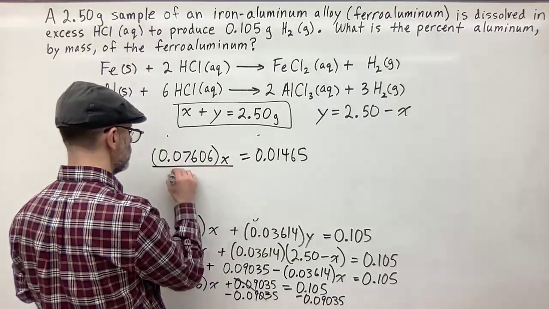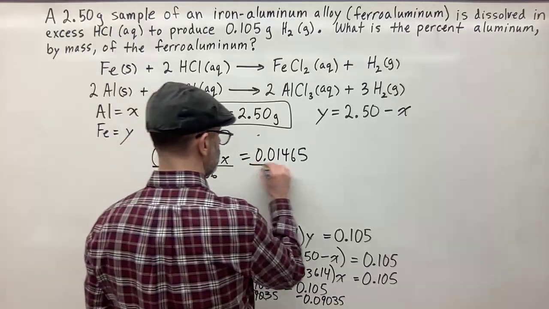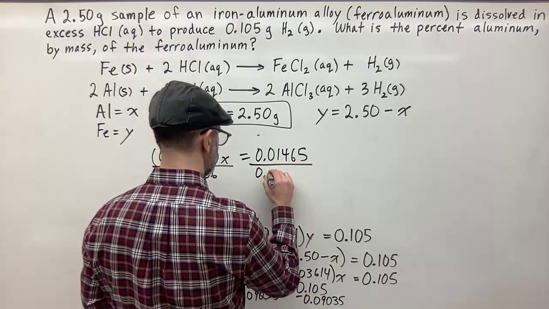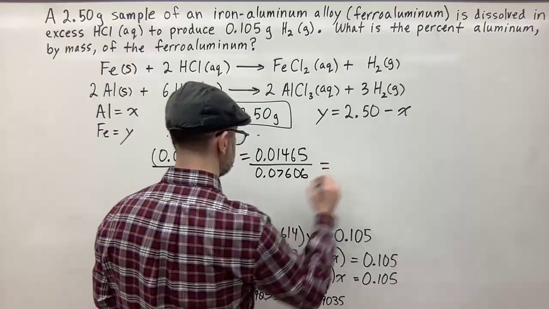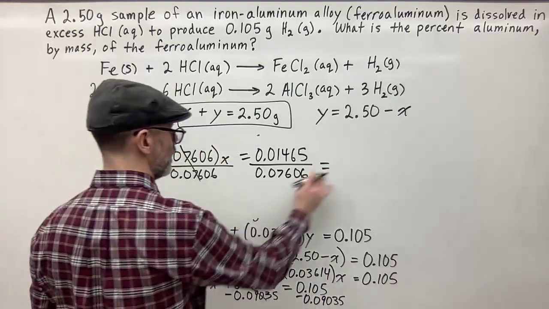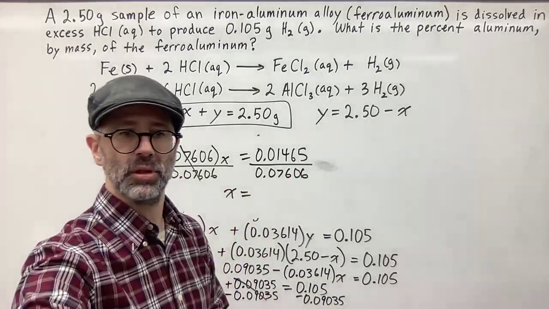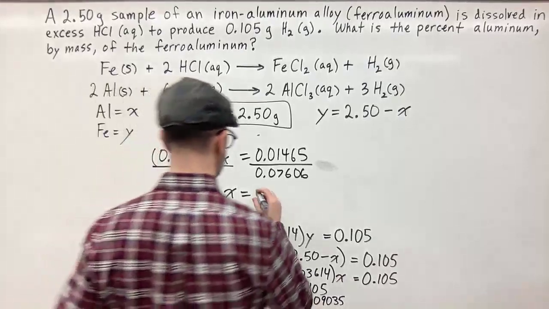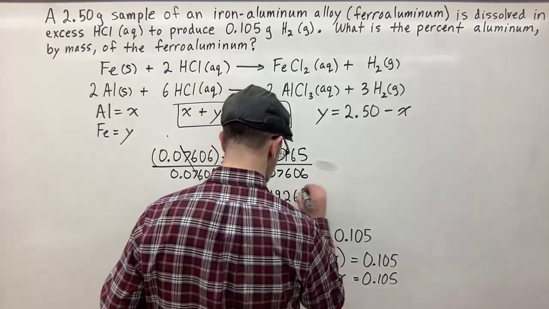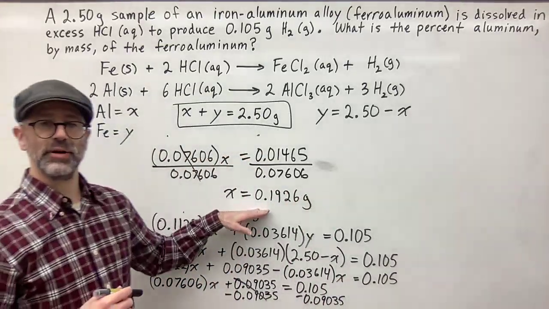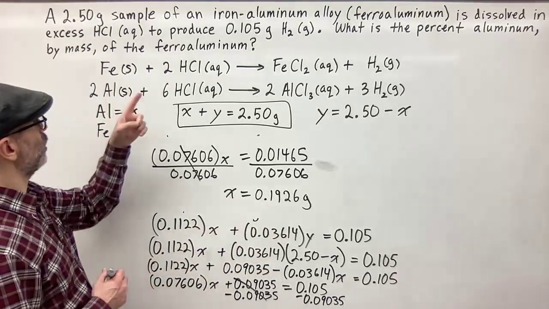So I'm going to divide this by 0.07606, and I'm going to divide this by 0.07606, and this cancels out, and x is going to be equal to 0.1926 grams.